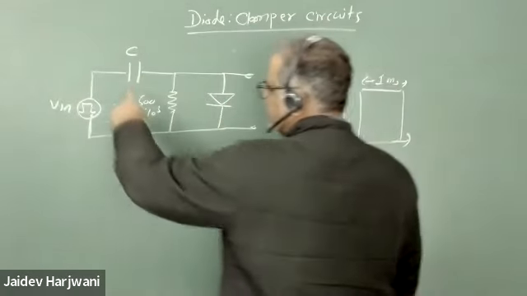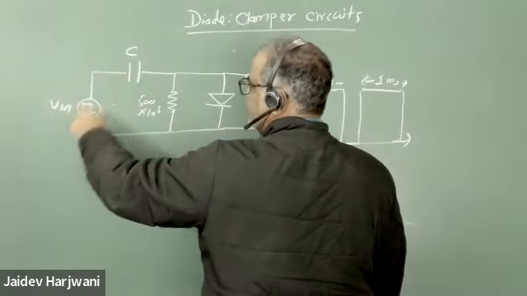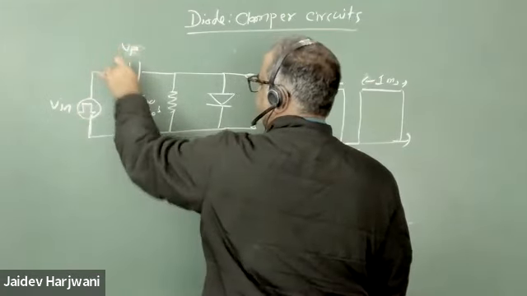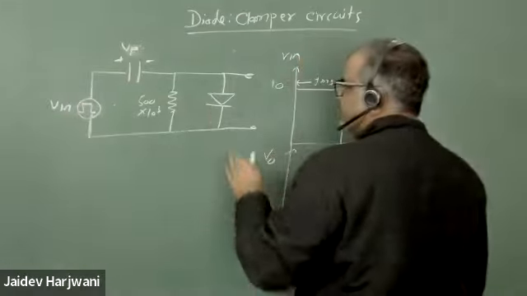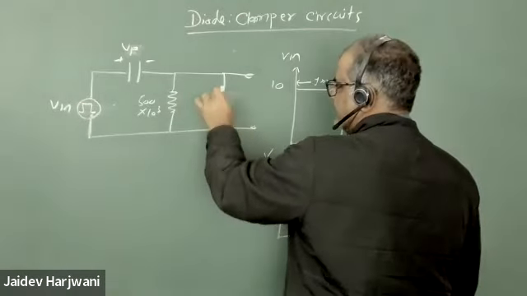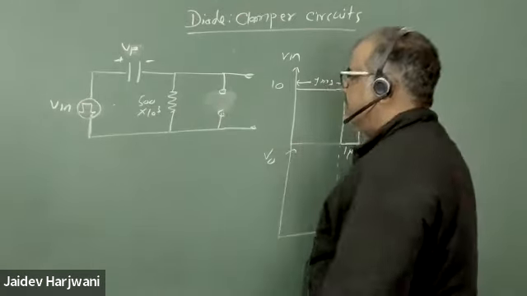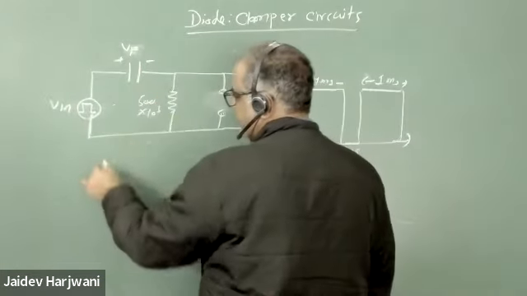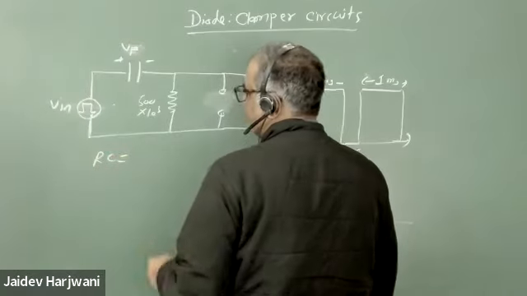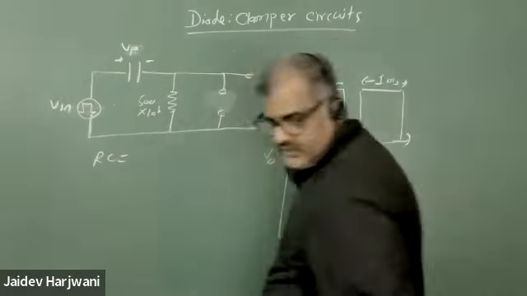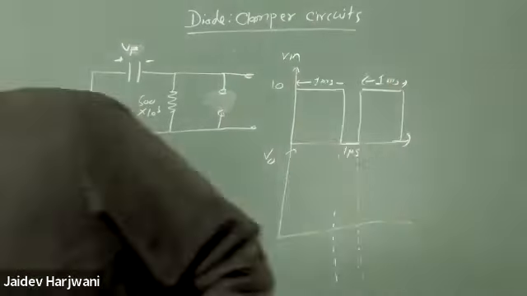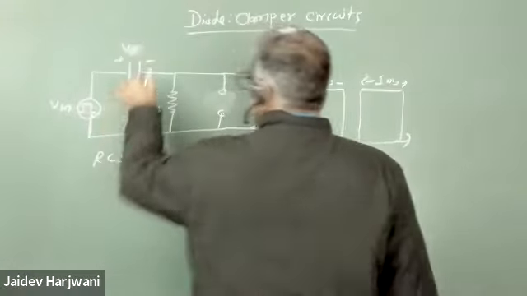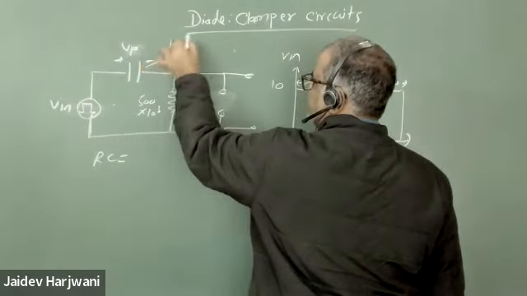Once this is charged up to the peak value of the input pulse, your diode will always be in reverse bias, and we can replace it by an open circuit. Now the RC value: if the capacitance is 10 nanofarad.